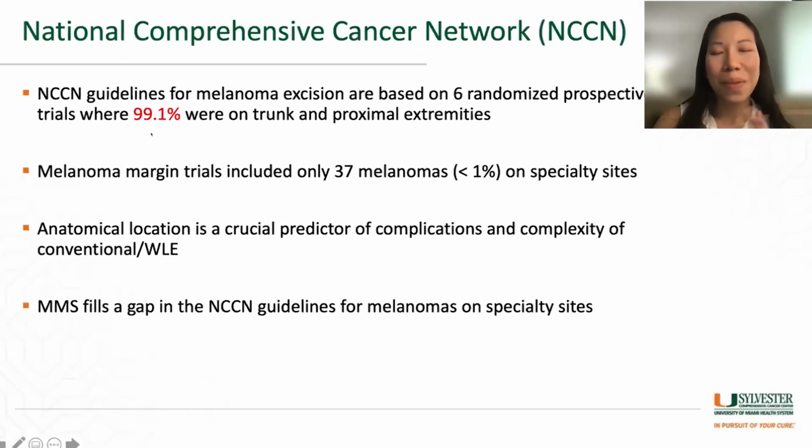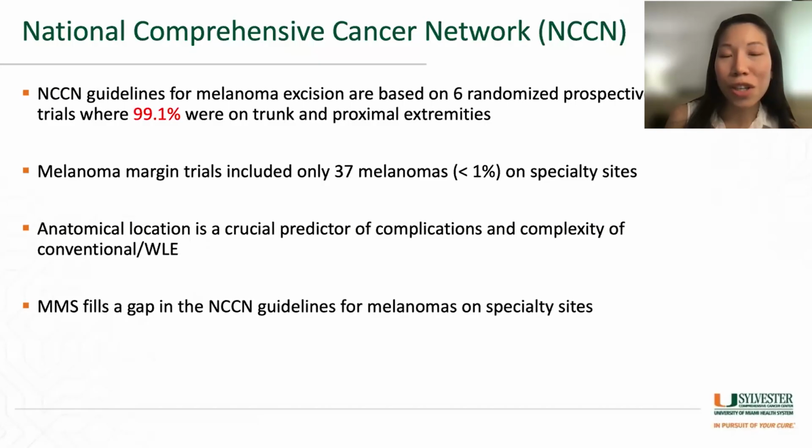So moving on, there's a body that you're probably familiar with, the National Comprehensive Cancer Network, which is a multidisciplinary group of various cancer experts that gather and formulate guidelines for various tumor types. And fortunately, for melanoma, we have these.